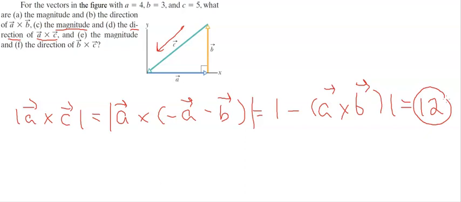So we can rewrite this in unit vector notation as A is, what did we say, 4i cross the components of vector C, which is negative 4i minus 3j.